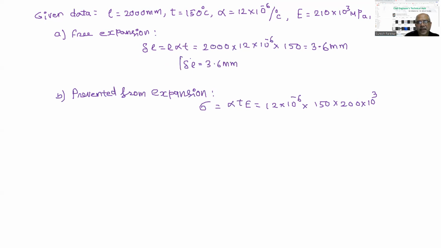So if we solve this, we will have the value of sigma, 12 into 10 raised to minus 6 into 150 into 200 to the power 3. So 360 MPa, 360 Newton per mm square.